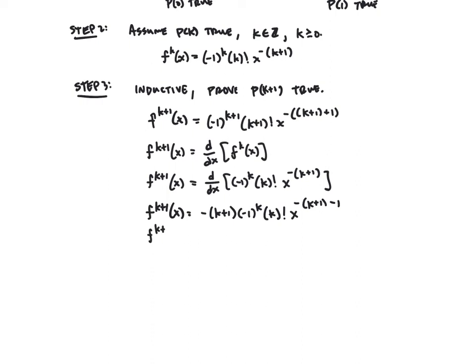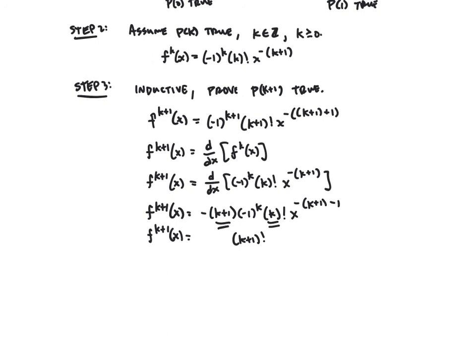Okay, so the k plus 1th derivative. Check out how slick this is. The k plus 1 times k factorial gives me k plus 1 factorial. That's awesome because I see that that's what I'm trying to prove above. You can see I want k plus 1 factorial.